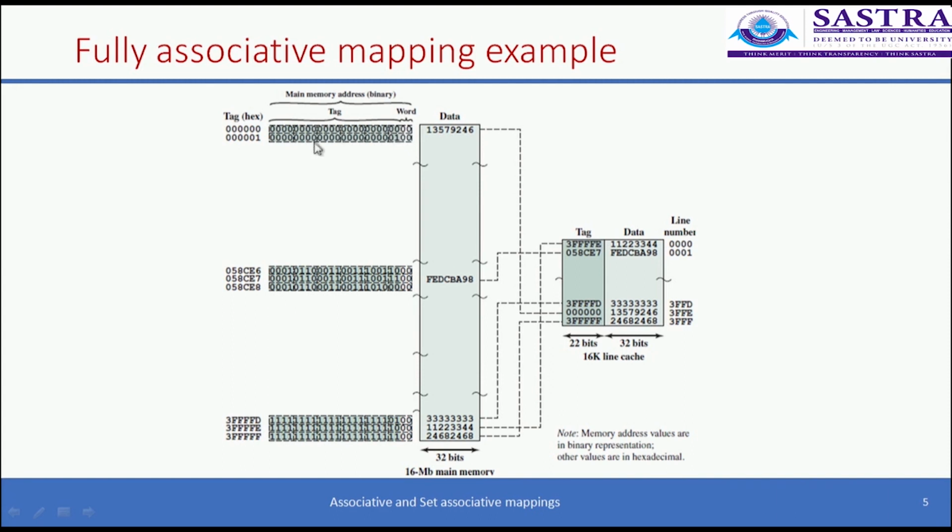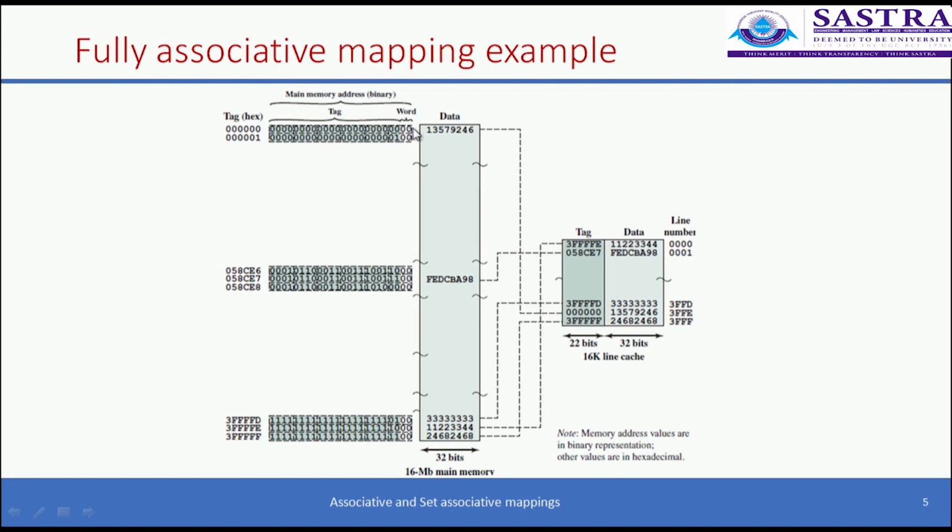See the next address, tag is 0 0 0 0 0 1. The word 01, 02, 03 are not shown in this figure. Why? Because those addresses are included in this block. On the left hand side we have only the block addresses.